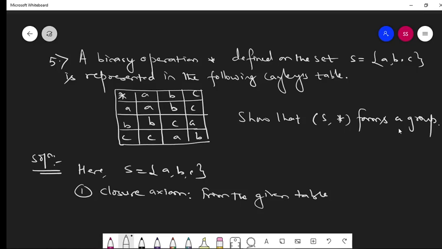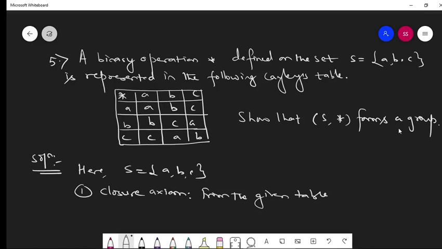A asterisk A is A, A asterisk B is B, and A asterisk C is also C. So here we can check once in the table. A asterisk A is A, A asterisk B is B, A asterisk C is C.